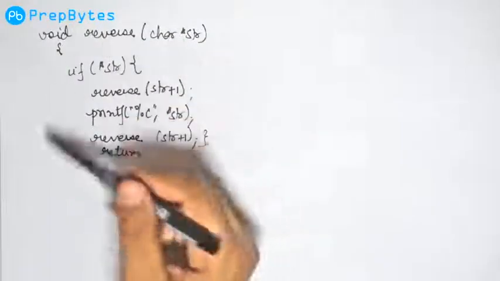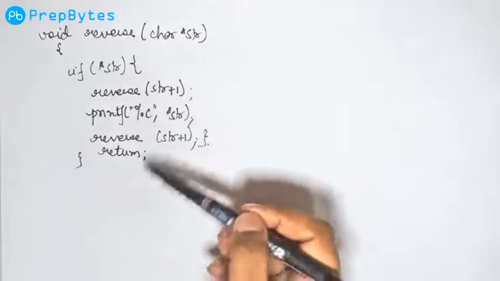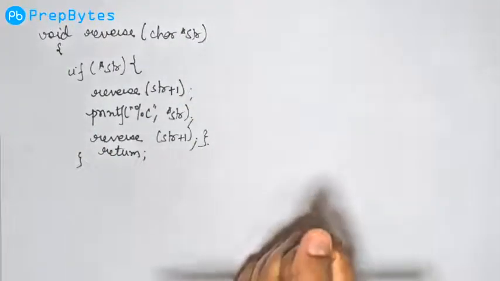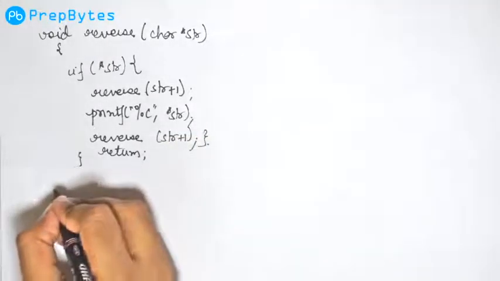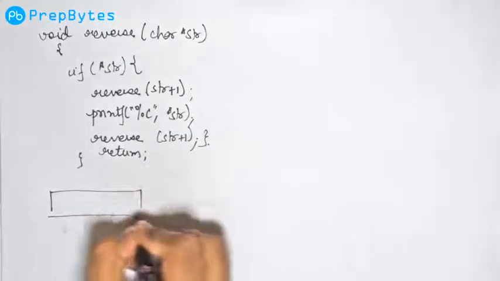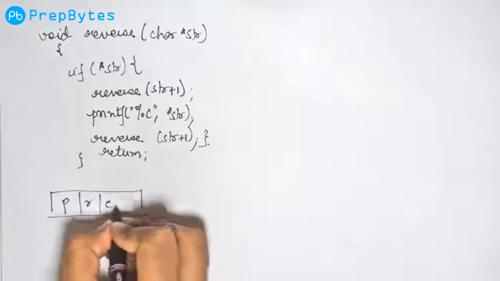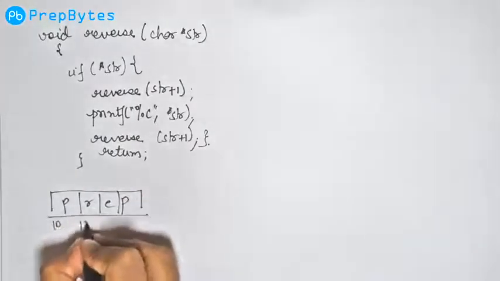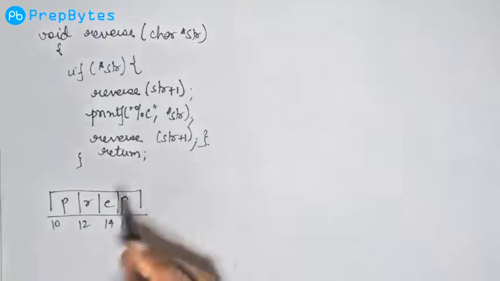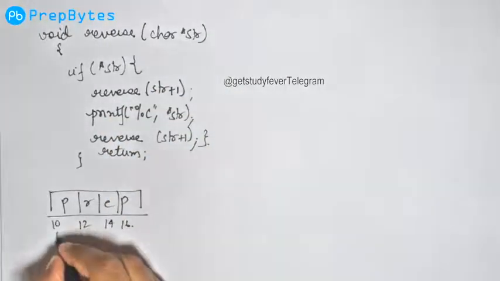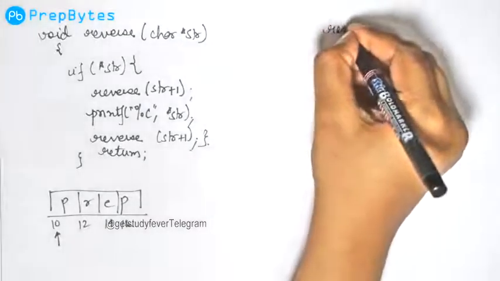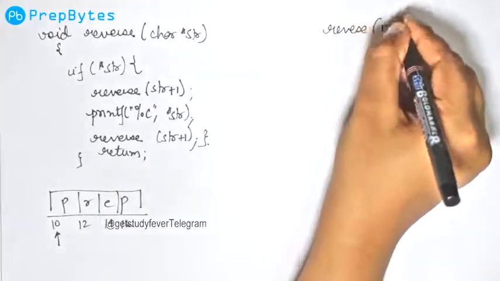Let's say we have another function, and let's try to solve this using the recursion tree, using the tree approach. So first let's say we have the same array with the addresses 10, 12, 14, 16. In the very beginning, reverse is called with the address of 10. So we have reverse 10.